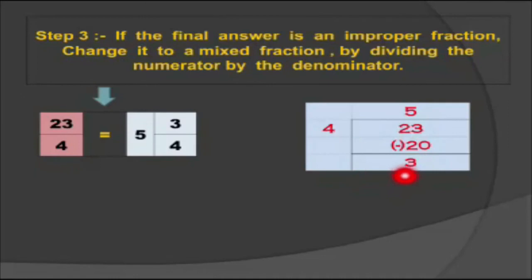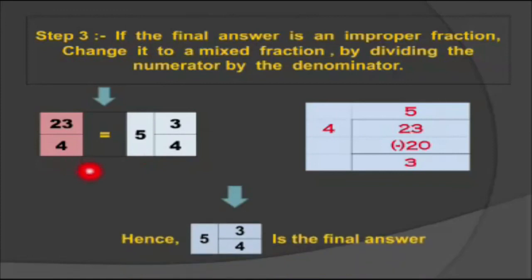So we write the remainder as the numerator, the divisor as the denominator, and the quotient as the whole part, right? So the answer is 5 and 3 by 4.